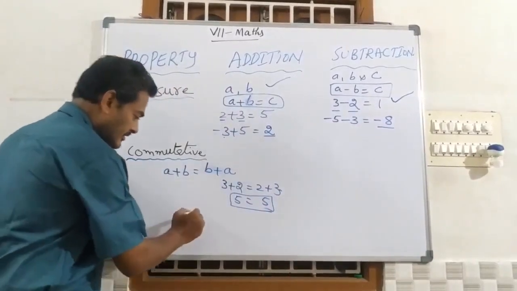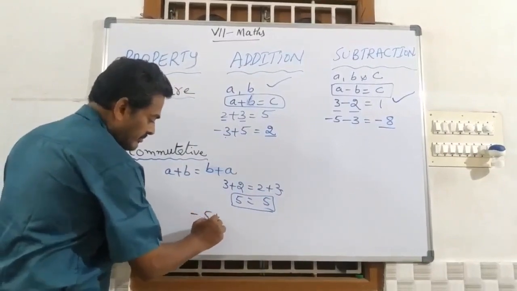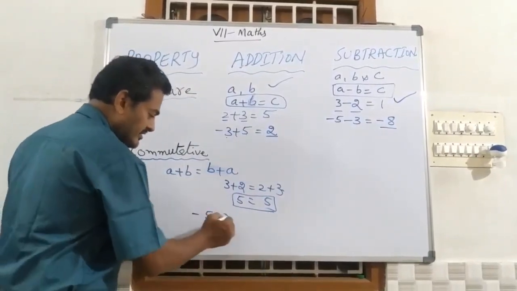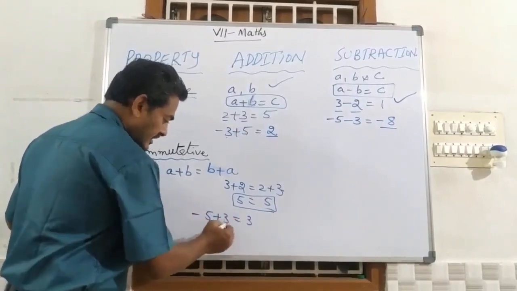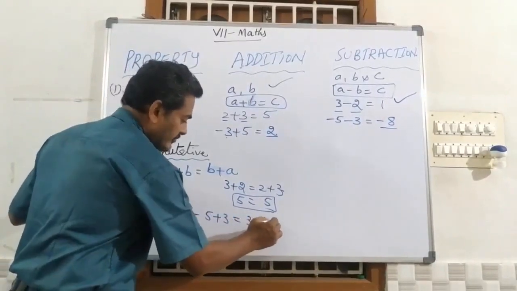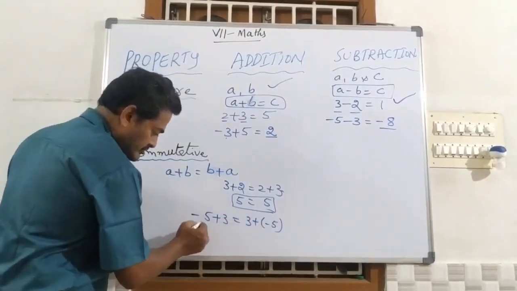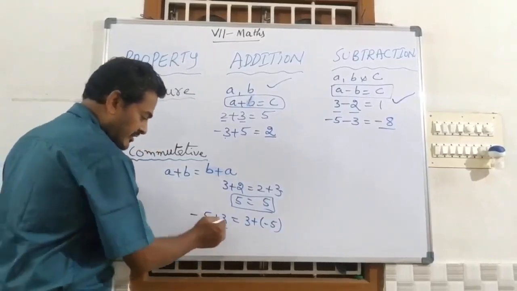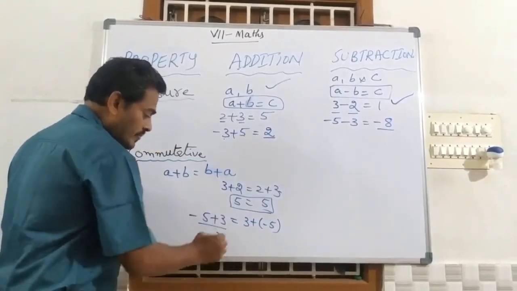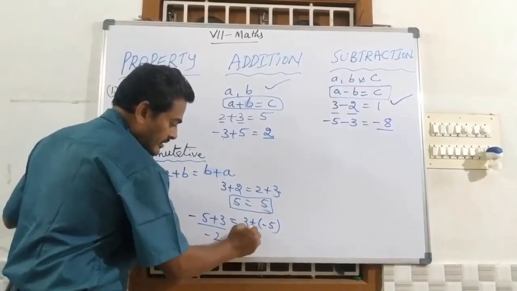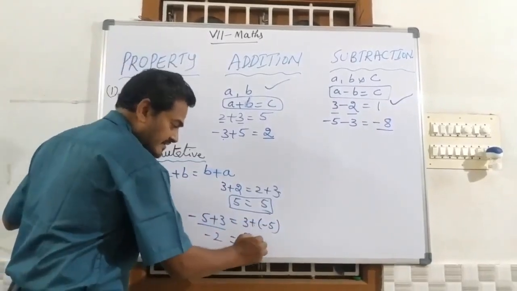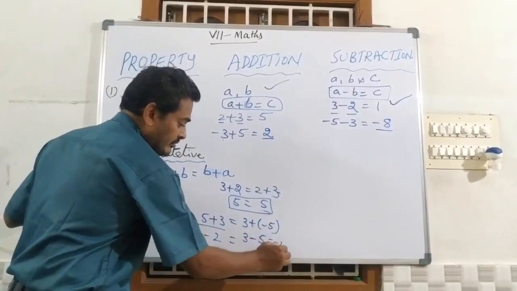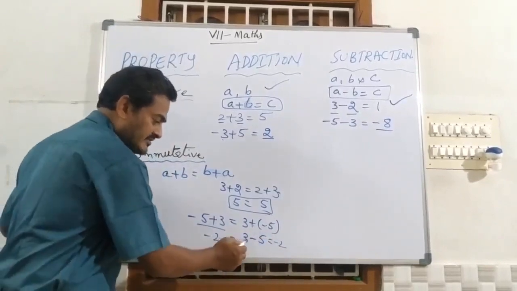Now one more example, minus 5 plus 3 equals 3 plus minus 5. Now if we simplify these two, what will happen? Minus 5 plus 3 is minus 2, equal to 3 plus minus 5, that equals minus 2.